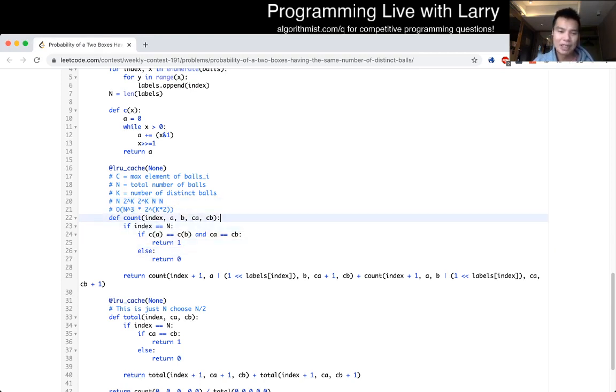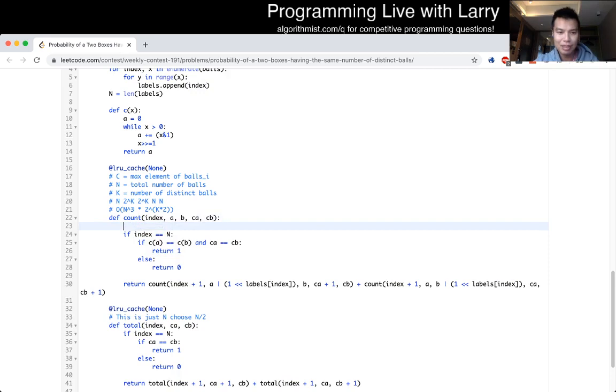How can they not be visited? Well, for example, CB depends entirely on CA, right? What I mean by that is that for every number in index, it is essentially equal to CA plus CB, right?